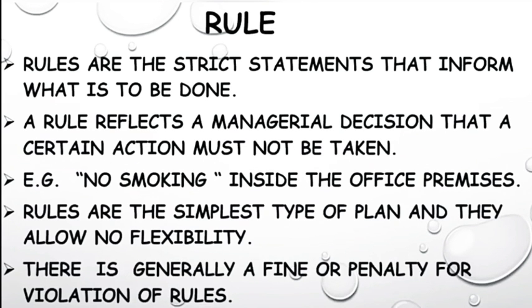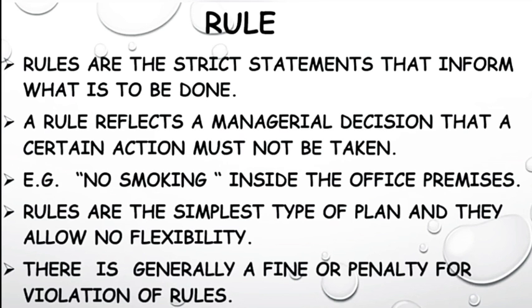Next subcategory of standing plan is rules. Rules are specific statements that inform what is to be done. They do not allow any flexibility or discretion. This reflects managerial decisions that a certain action must be done or must not be done.